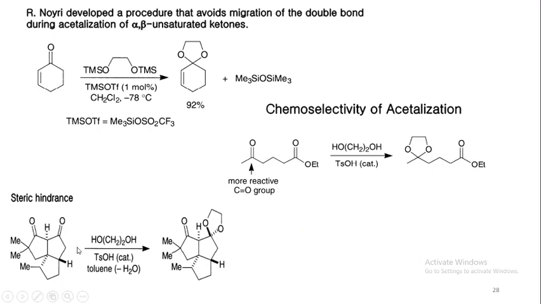This is another case in which two ketones are present, but this ketone is in steric crowding because of this methyl group. This one is free from steric hindrance. Therefore if we react with this diol, then the less hindered ketone is easily protected by means of this diol, and there is a formation of acetal.